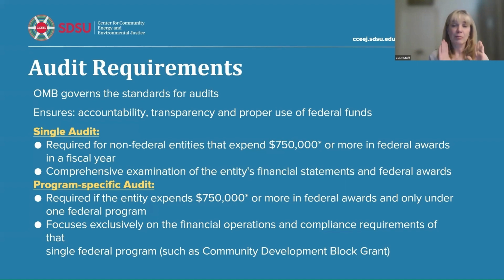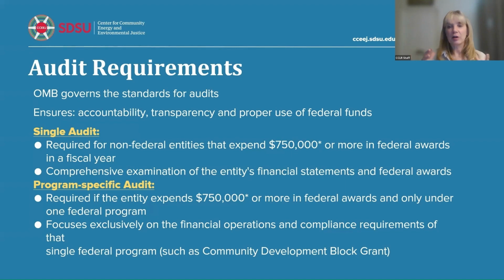On the other hand, a program-specific audit, say like community development block grant, that's required if the entity spends $750,000 or more in federal awards and only one federal program. Okay, so you could have a bunch of different federal programs like DOT, Department of Transportation, and Community Development Block Grant, or something under Parks and Rec, right?